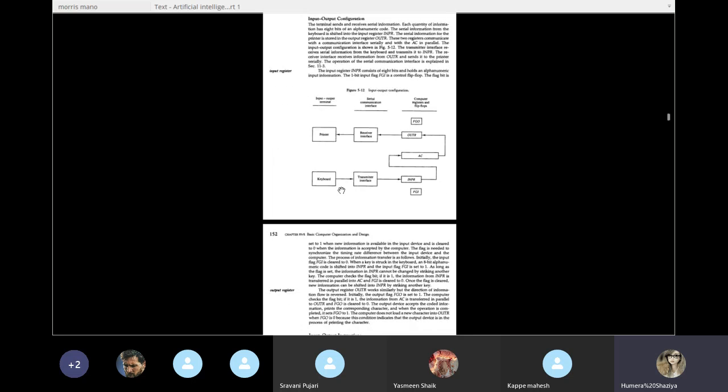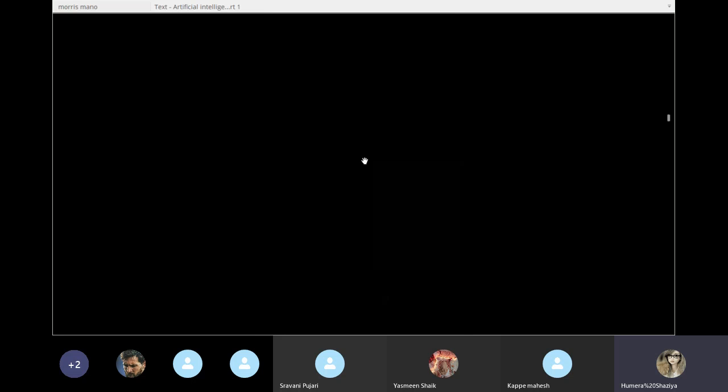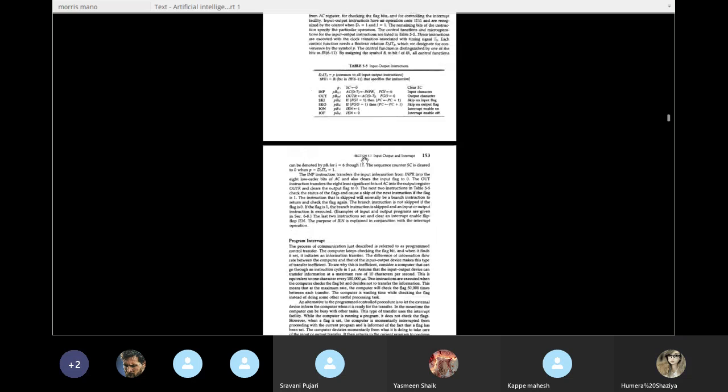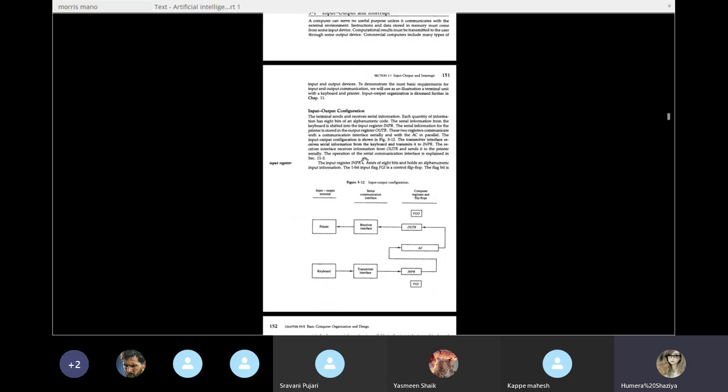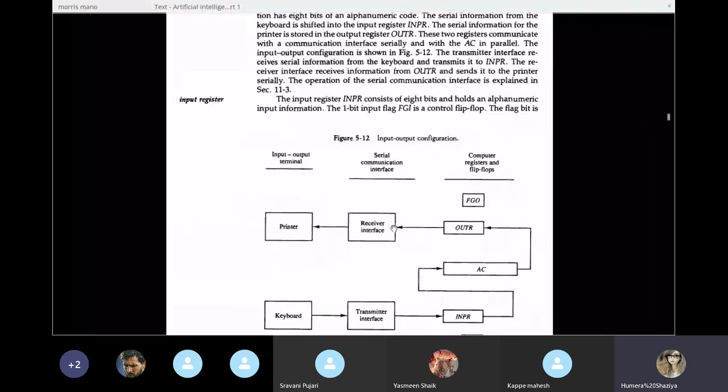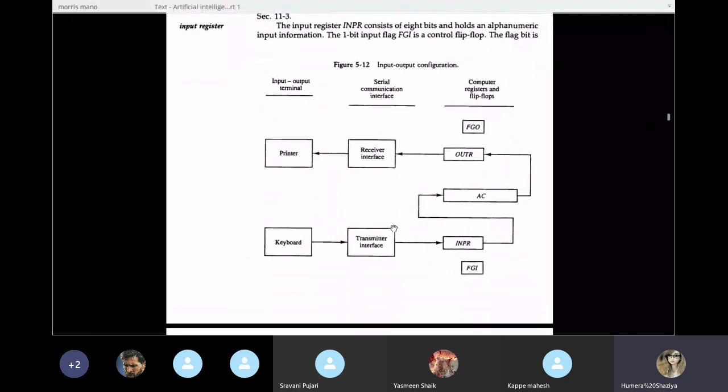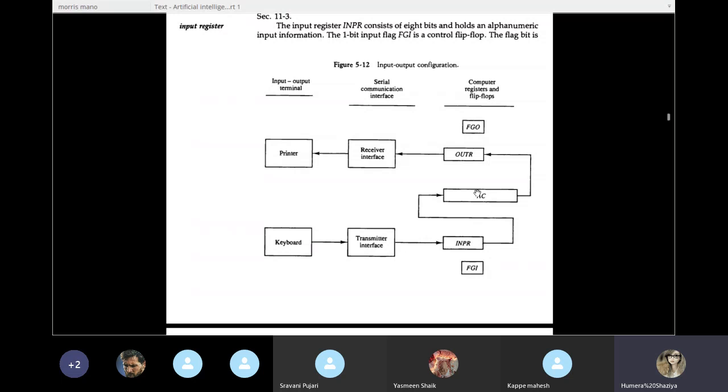In this configuration, we have the accumulator. This is a processor register.